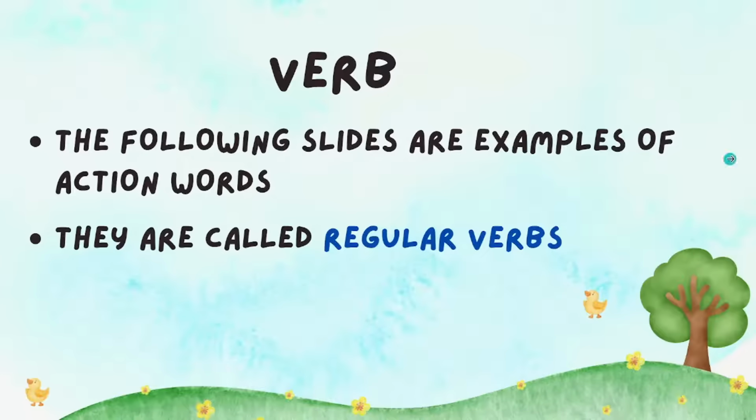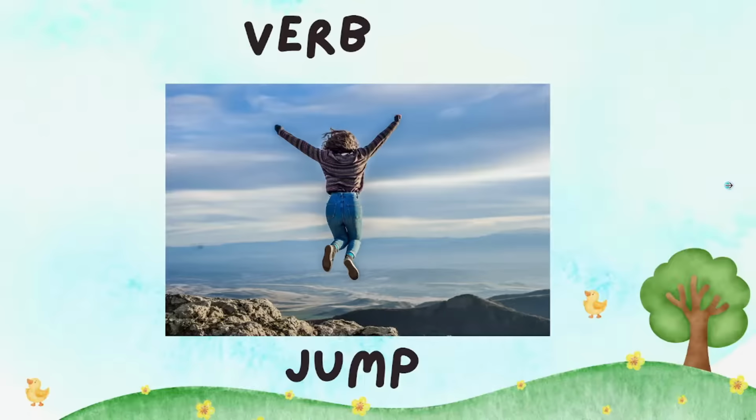So, the following slides or presentations are examples of action words. They are called regular verbs. When we say regular verbs, you will not do anything with the spelling, just as is, like talk. It is a regular verb. You're not changing anything.